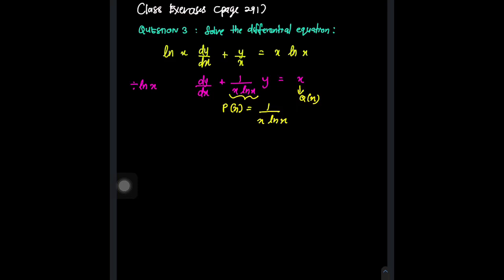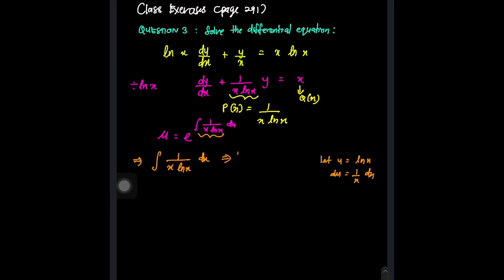Then the next step, you have to identify the integrating factor. Let mu be equivalent to e to the integral of your p(x), so 1 over x ln x dx. So how to integrate this part? Let us put it here. You have the integral of 1 over x ln x dx. So when you let u be equivalent to ln x, therefore du is equivalent to 1 over x dx.